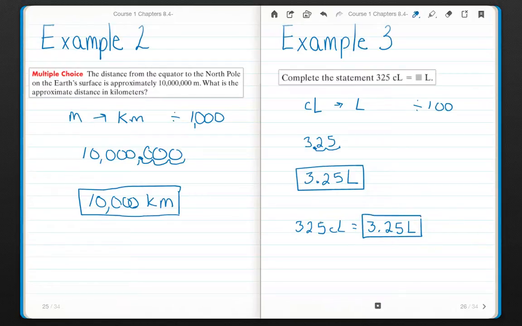So here's your original problem. Here's your answer. If you need to do the actual multiplication or division, you can. If you just want to move that decimal, you can do that also. All right, if you have questions, I'll answer them the next time I see you.